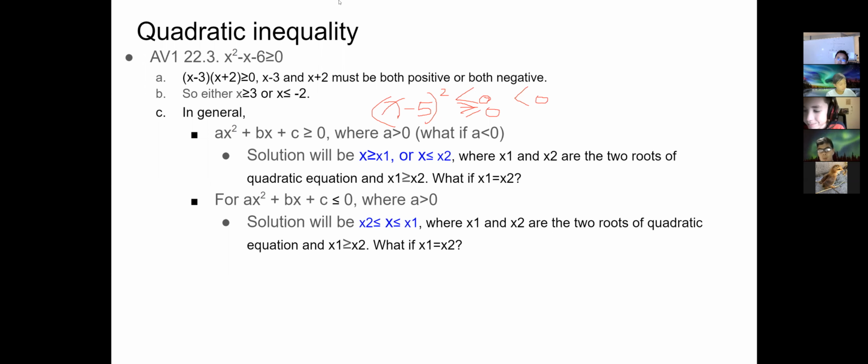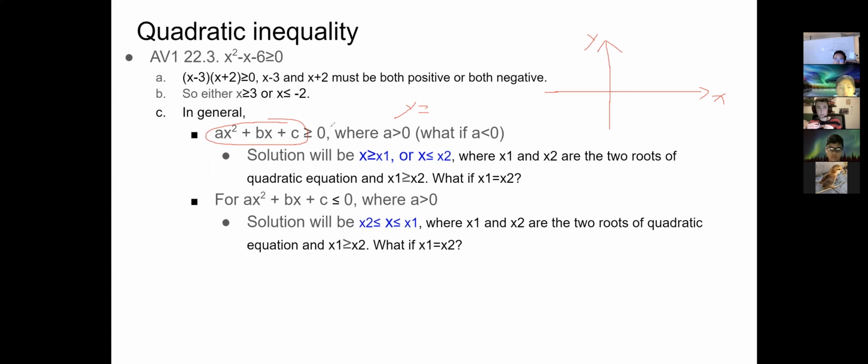And if you think a little bit more, how does it look from a graph? It'll be something like this, okay? In a coordinate system, this is x, this is y, and if y equals this whole thing, right?